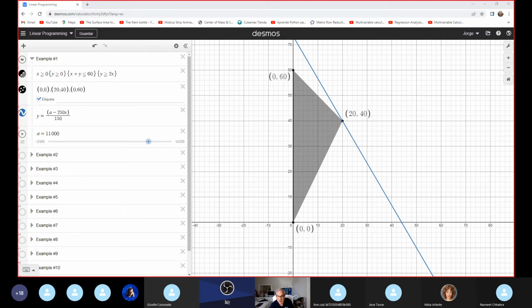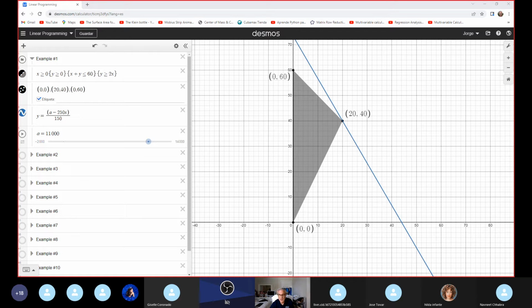It's a triangle. And this corner, and this corner. Not exactly like that, but approximately. This is the point 0,60. This is the point 20,40. And this point is 0,0. Wow. And this is the feasible region.